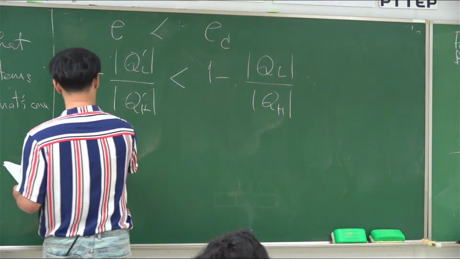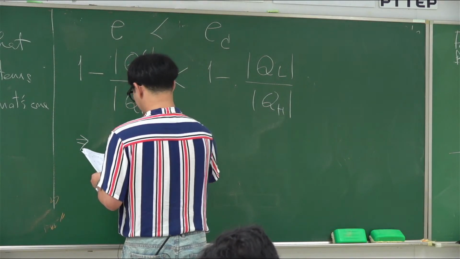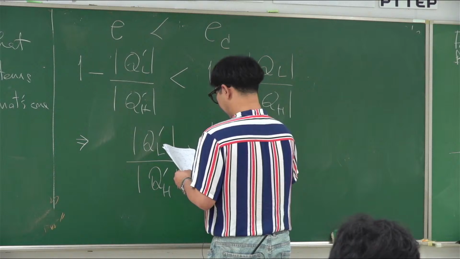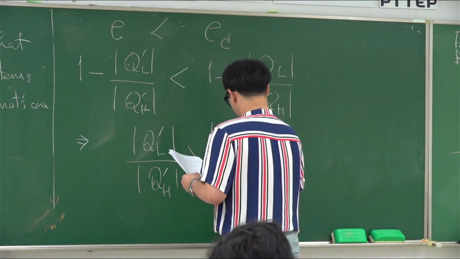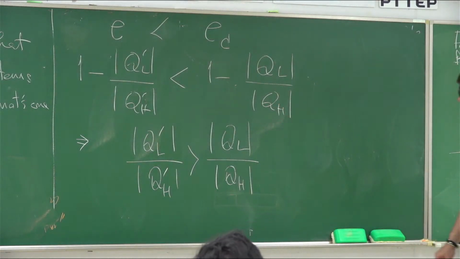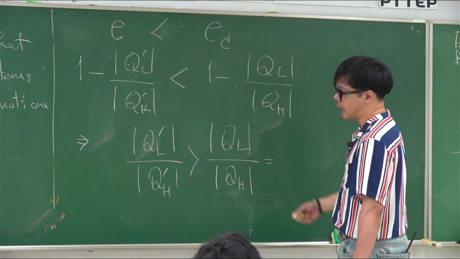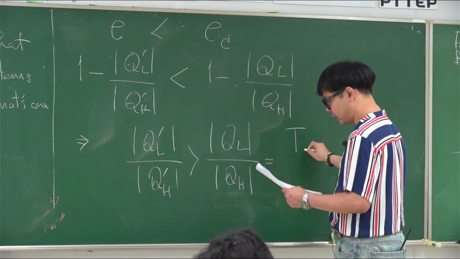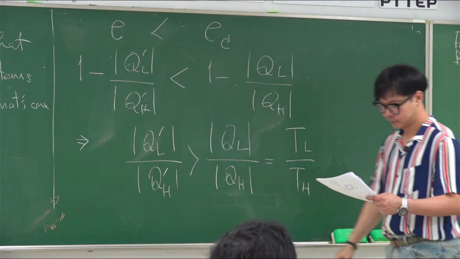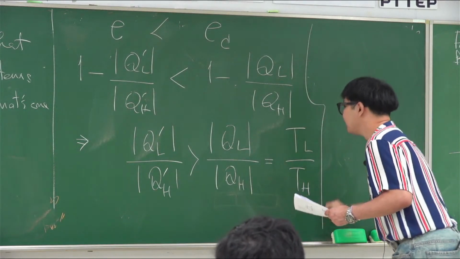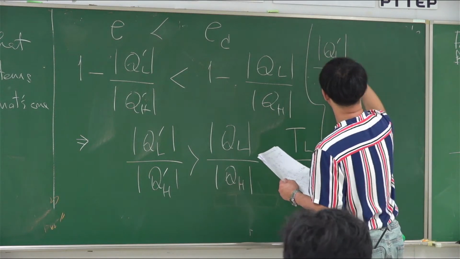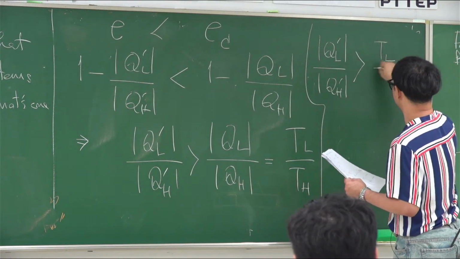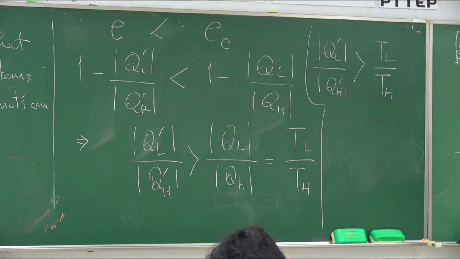Then you get this one. And actually we proved that the efficiency of the Carnot engine is related to the ratio of the temperatures, so you can just put that there. So finally, what you have is the ratio of heat of the reversible engine, this inequality, right? Yes.